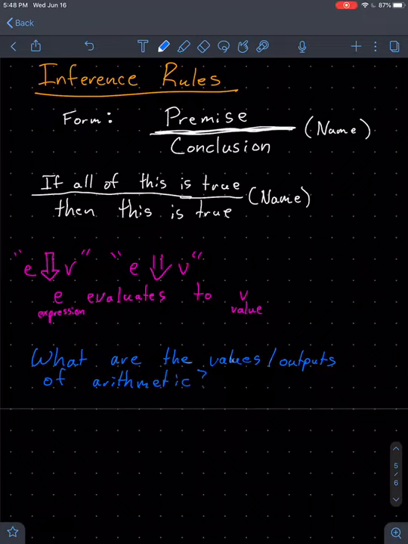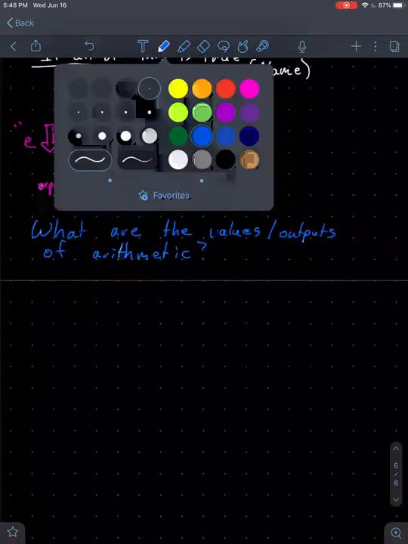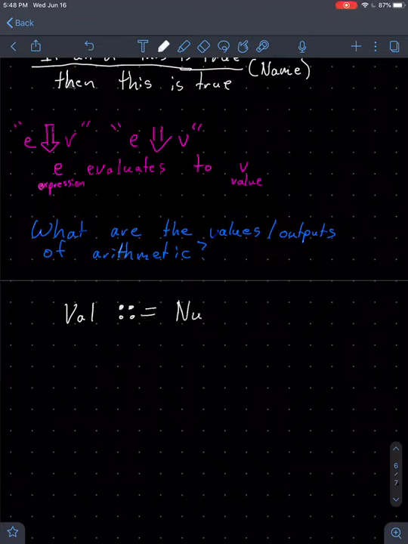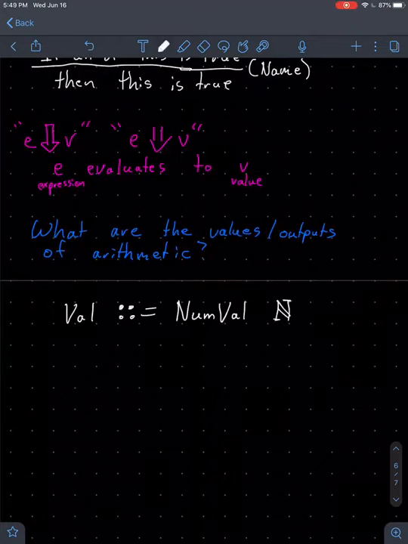Linnea says nats, natural numbers. So we'll have number values. I'll define this as a grammar again. We have a type called val, and we'll have num vals that take a natural number.